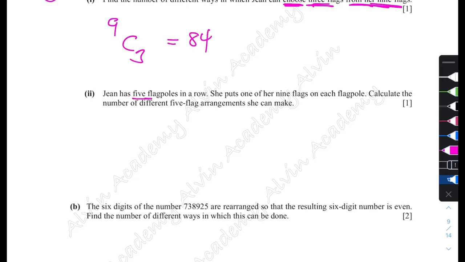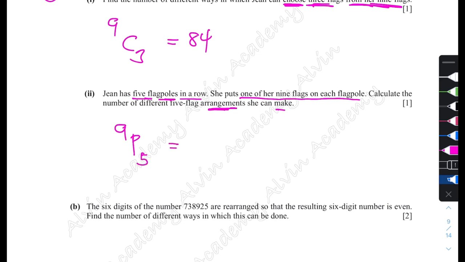Now Jen has 5 flag poles in a row. She puts one of her 9 flags on each flag pole. Calculate the different arrangements that she can make. Arrangement means permutation, okay? So out of the 9, she wants to arrange those 5 flags.